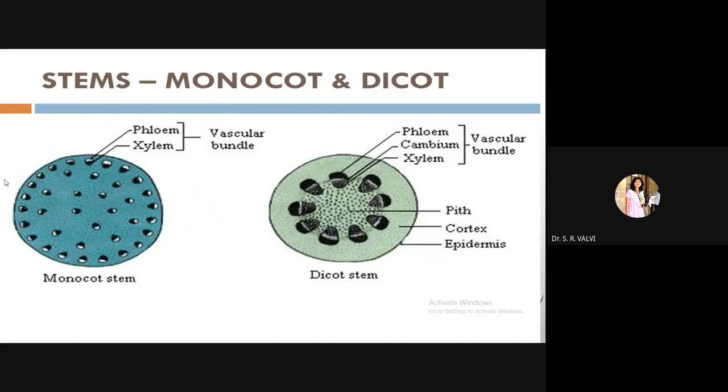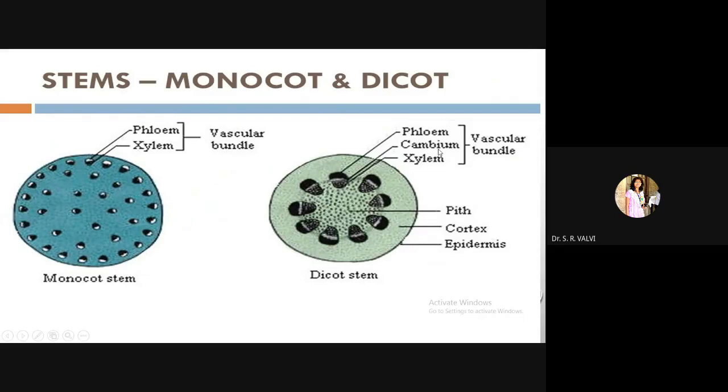Okay. So here now see here in a vascular bundle towards your right hand side, what I have mentioned, outermost dark black colored tissue, that is phloem, then middle part, that is your cambium, and the inner part, that is your xylem. So which layer is present in between phloem and xylem? So here cambium is present.